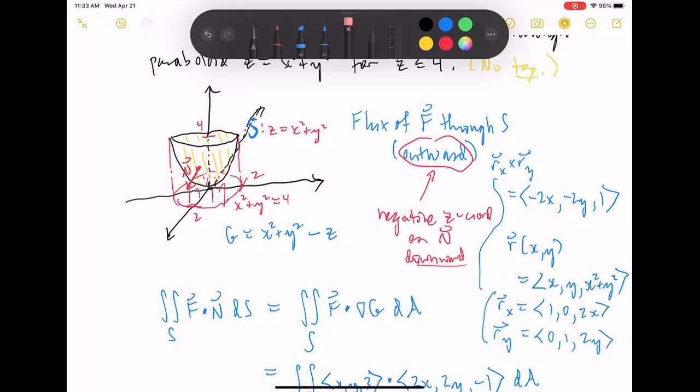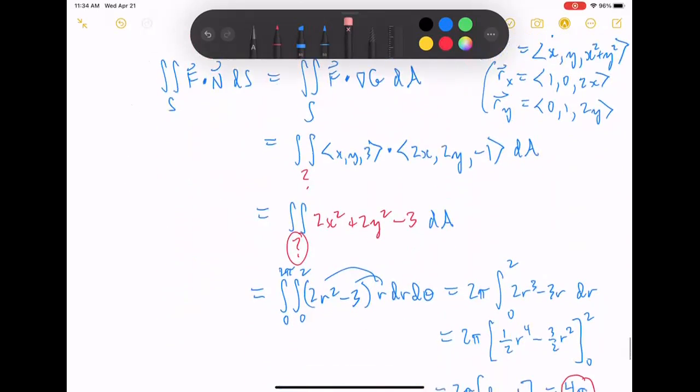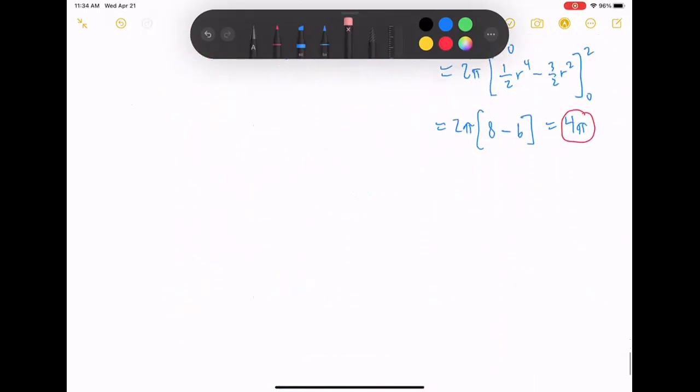It would have just been like 0, 0, 1 or something like that, yeah? So it would have been super easy to deal with, okay? But let's keep it simple for right now, okay? So you can split up these surface integrals into various pieces if you need to, okay? All right, any other questions on that?